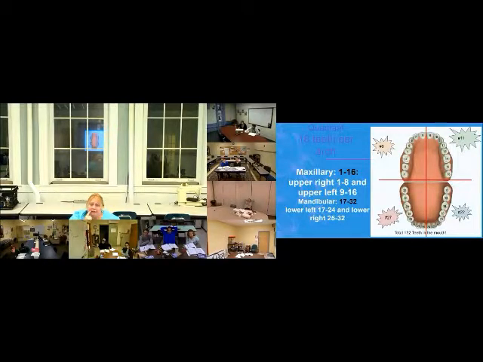Your upper right canine is tooth number 6. Your upper left canine is tooth number 11. Your lower left canine is tooth number 22, and your lower right canine is tooth number 27. And if you say these, 6, 11, 22, 27, it's kind of like a chant. It rhymes a little bit.